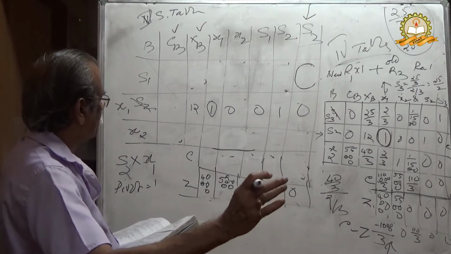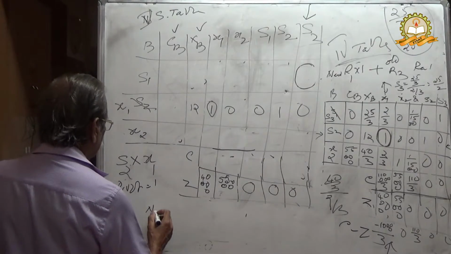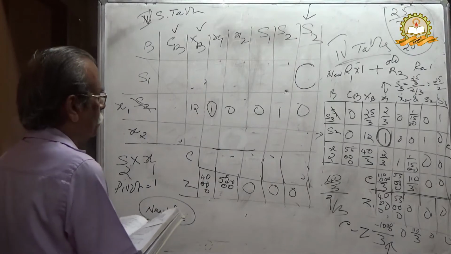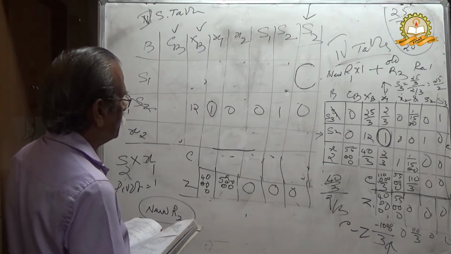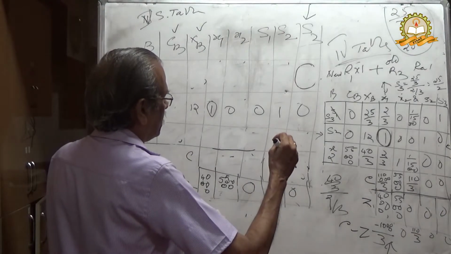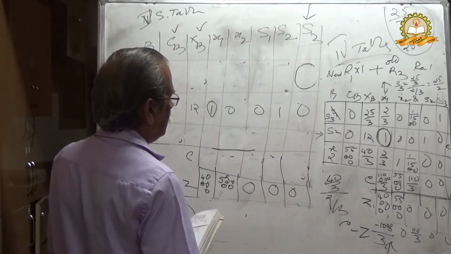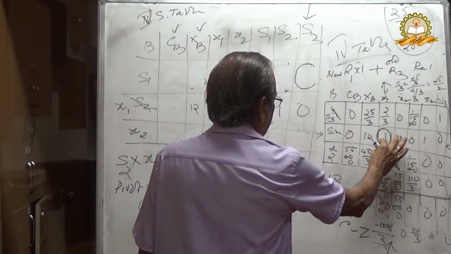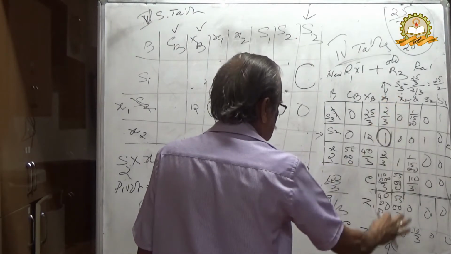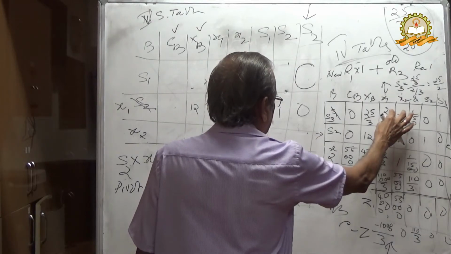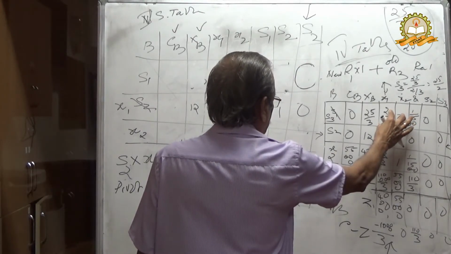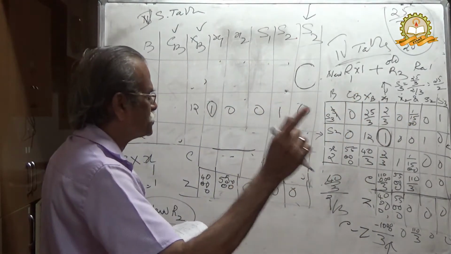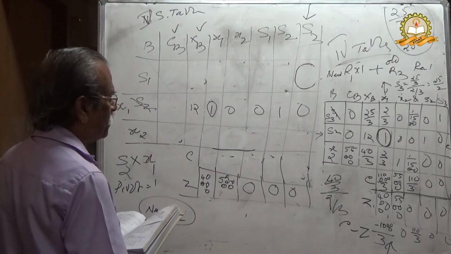Therefore, based on new row R2, we make the column x1 above the number 1, namely the S3 row, that is 2 by 3, make it into 0.